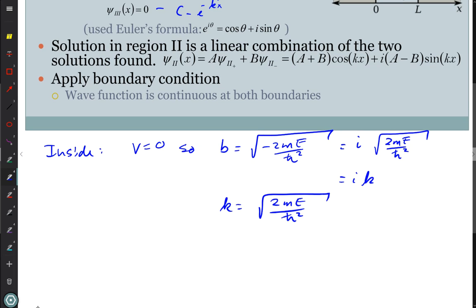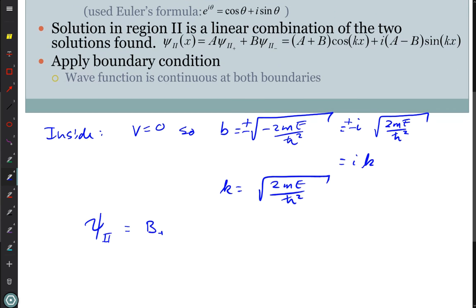So I have my solutions come out to be psi in region 2. We have two solutions. Why two solutions? Because when you do the square root, you always do get the plus or minus. And so this is equal to some constant with a plus, e to the plus iKx, plus a constant with a minus, e to the minus iKx.